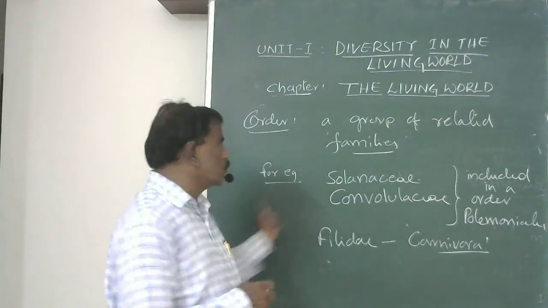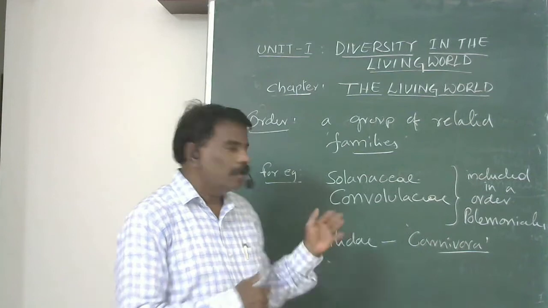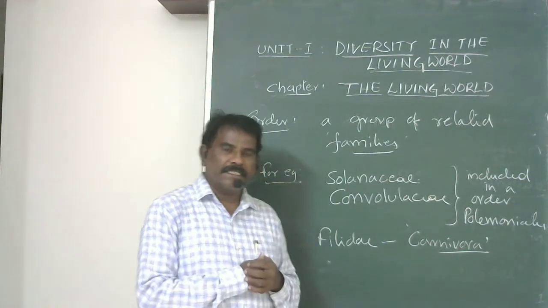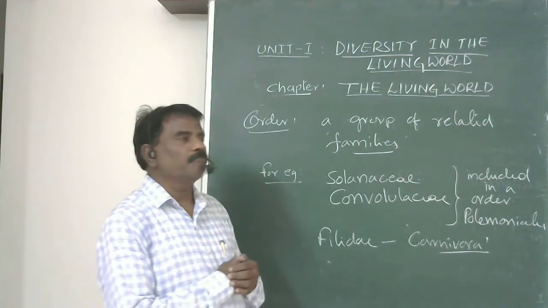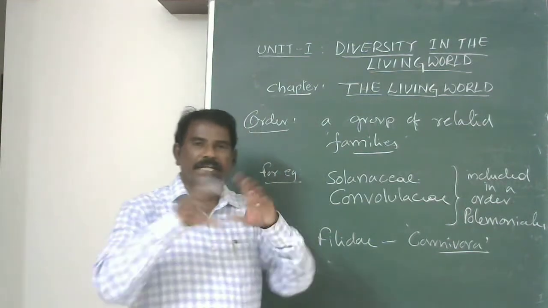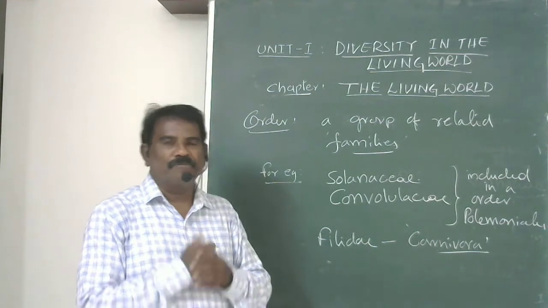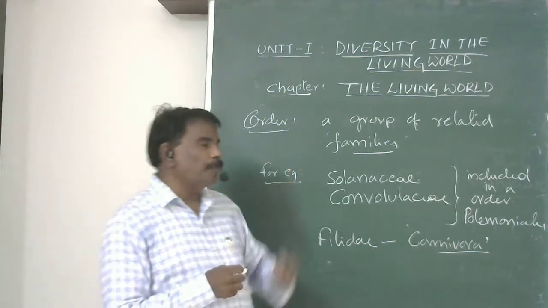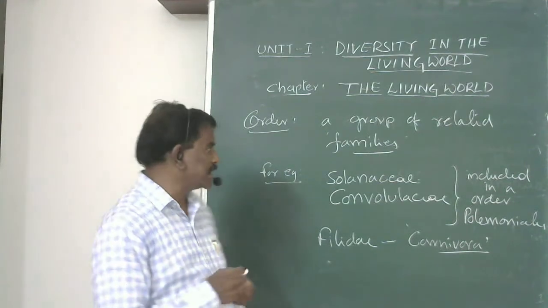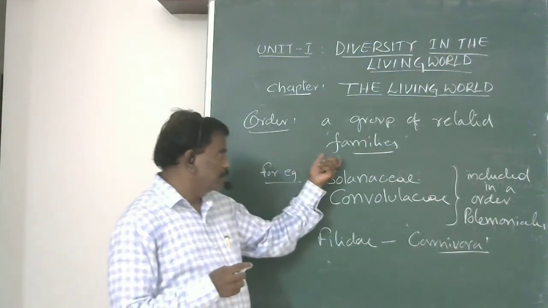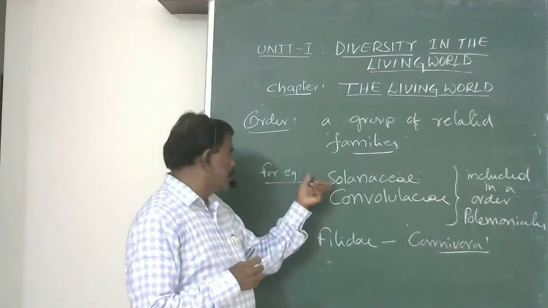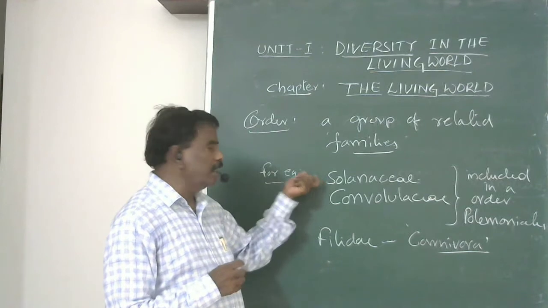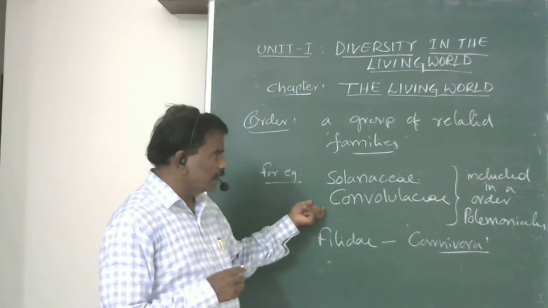When we move from order to other higher categories in the taxonomic hierarchy, we can consider aggregated features of the organism. So, order means a group of related families. That is, Solanaceae is one family, Convolvulaceae is another family.